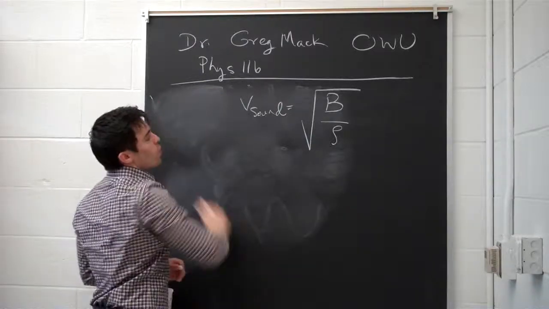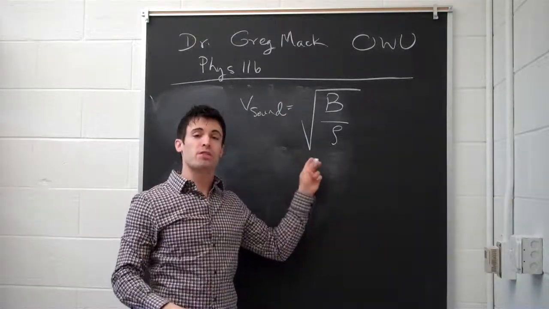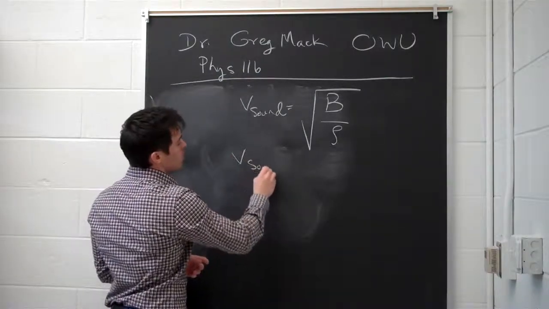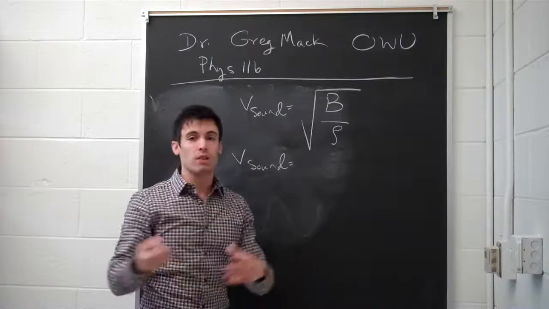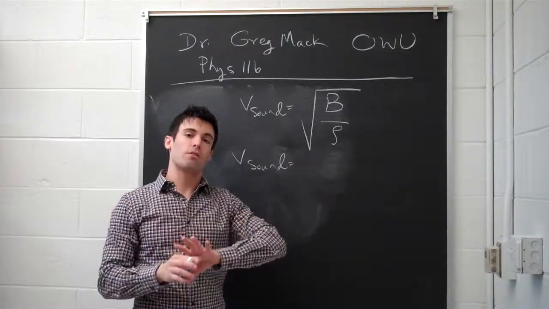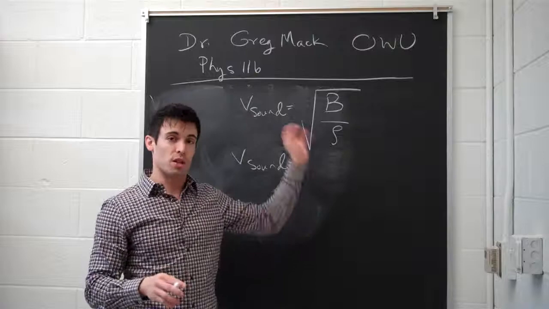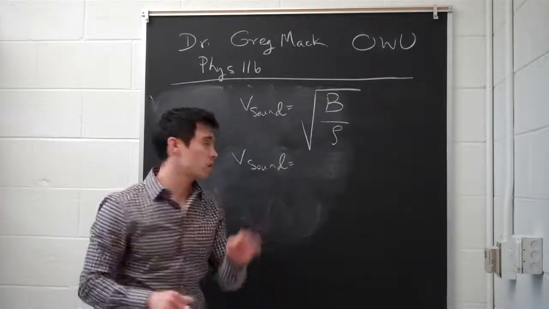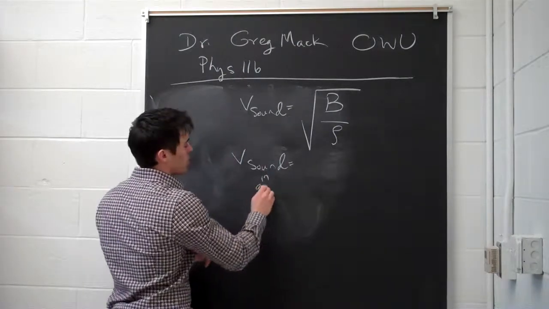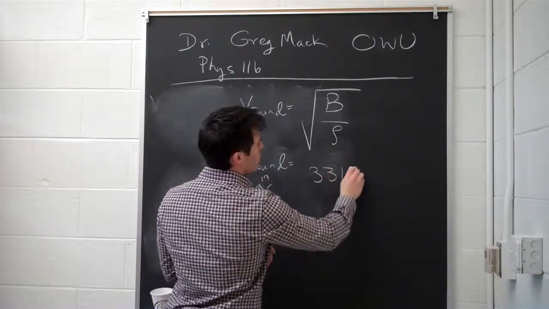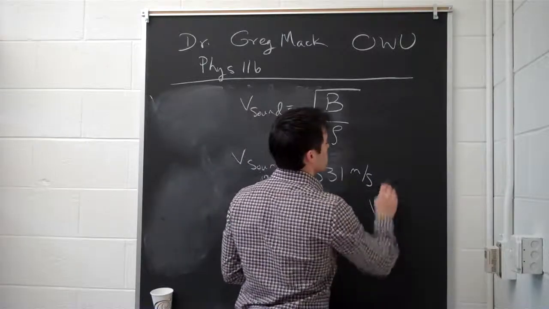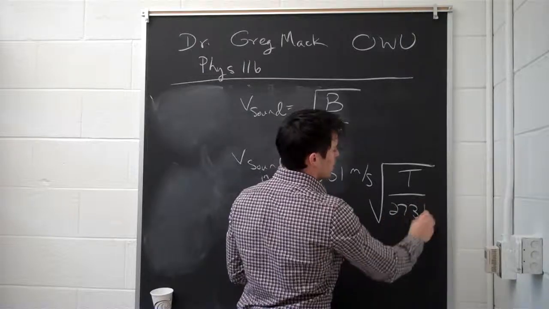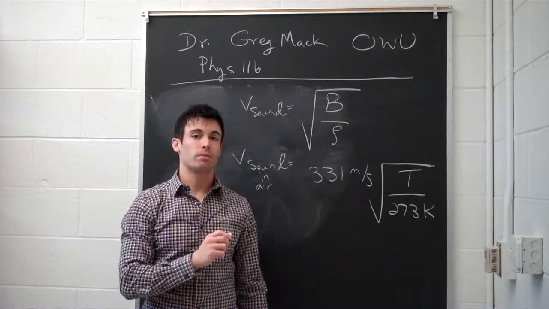Okay, so the speed of sound also depends on temperature. If we want to modify that for air in specific, using the bulk modulus of air, the density of air, all that stuff taking into account the temperature at that point, you end up with 331 meters per second times the square root of the temperature divided by 273 Kelvin.